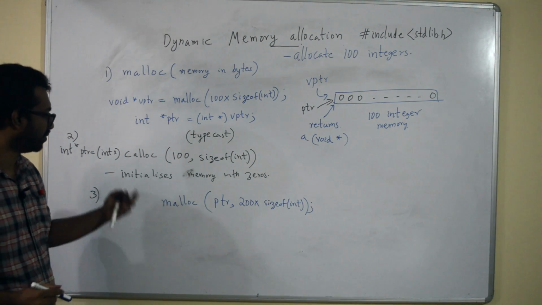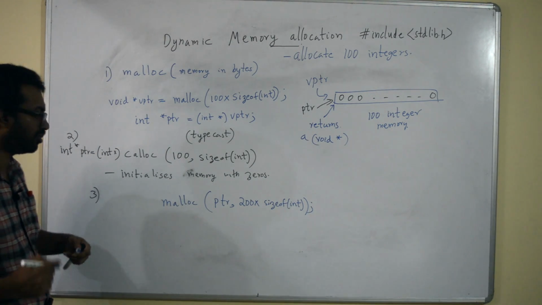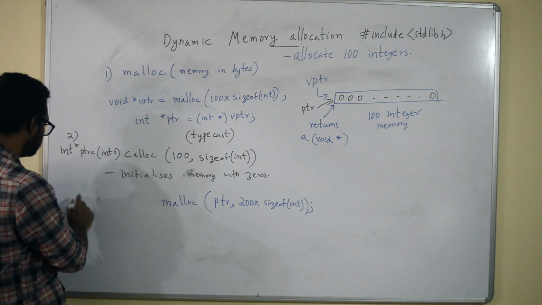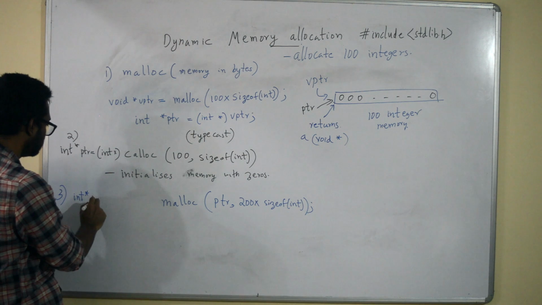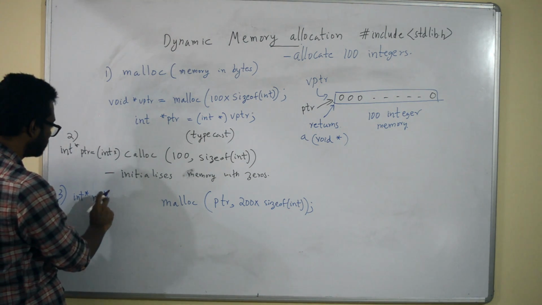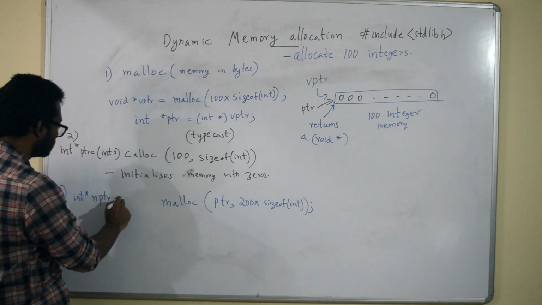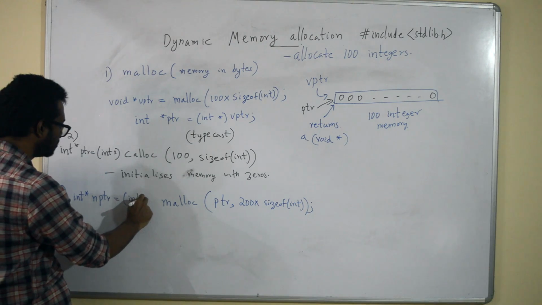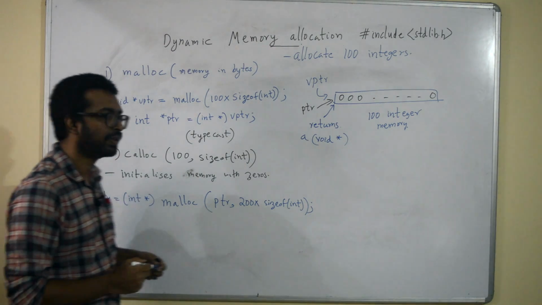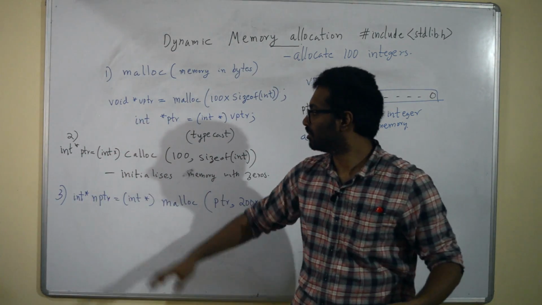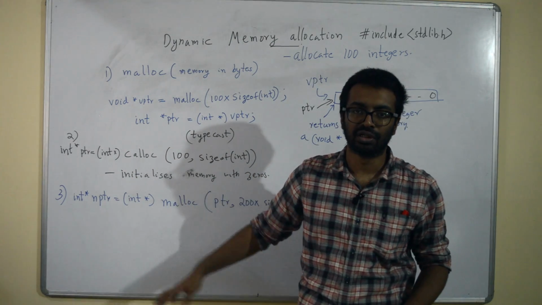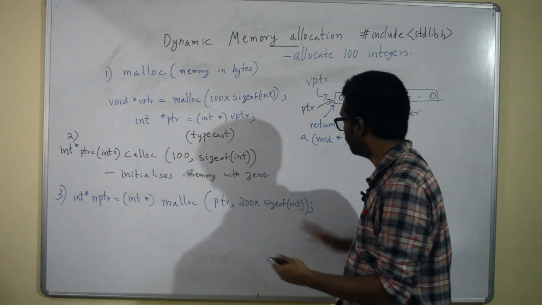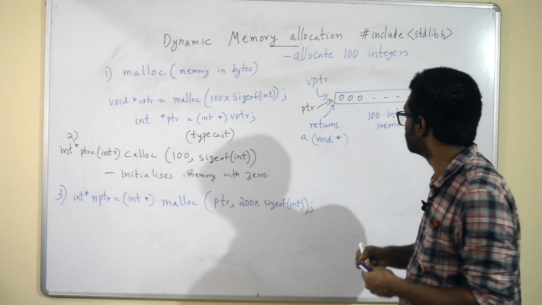So again, if you want to take that, you need to take it into a pointer. I just took it into a new pointer, nptr, and that pointer now gets a bigger block of 200 integers.